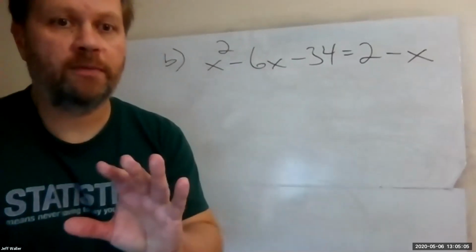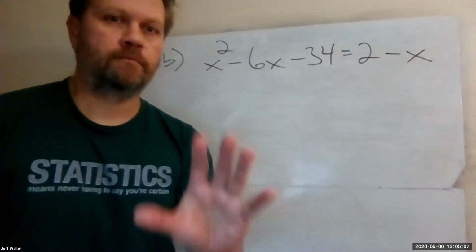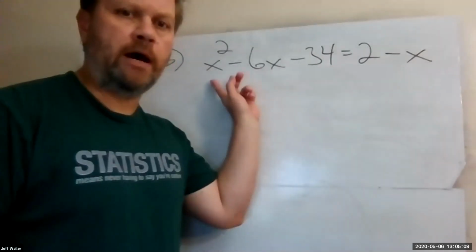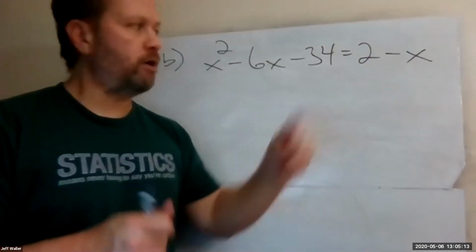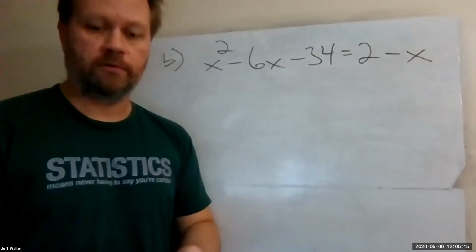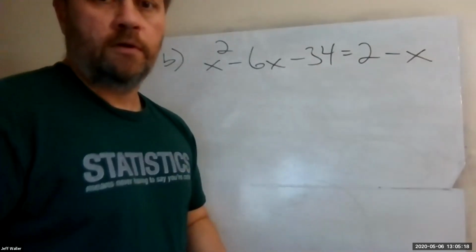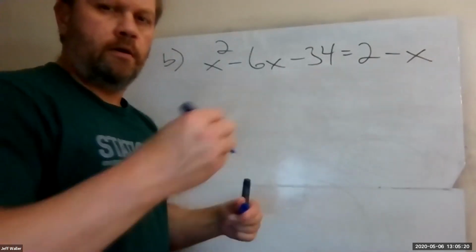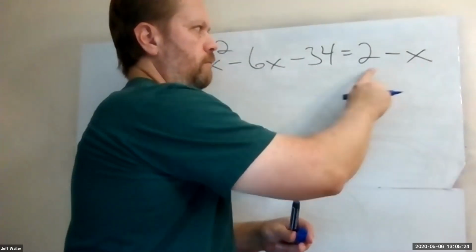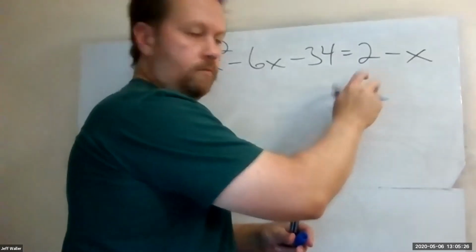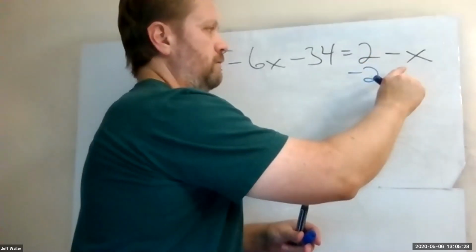So just to make sure everybody's on the right track. I have a higher power on my x, so I need this side to be 0. How do I make this side become 0? What do I have to do? Subtract 2, and what about x?